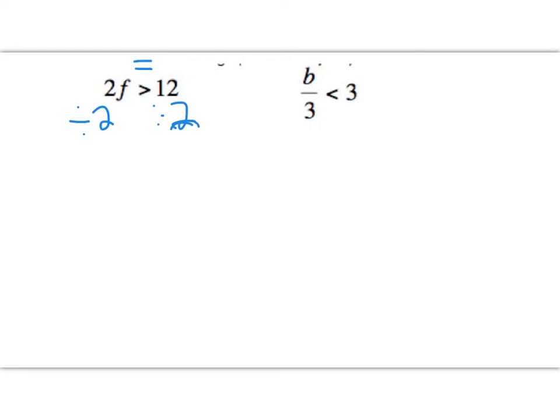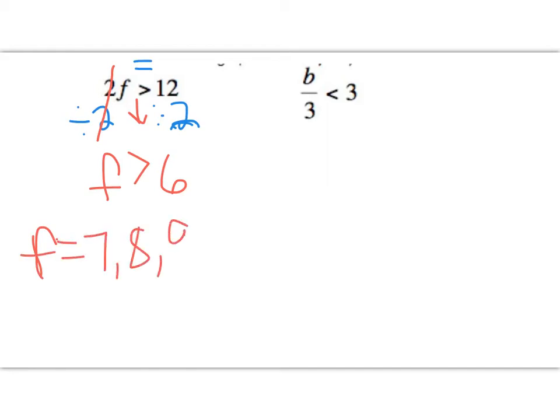Multiplying by 2 and dividing by 2 cancels each other out. I'm going to bring down the F. 12 divided by 2 equals 6. Instead of bringing down an equal sign, I'm going to bring down the greater than sign. And what are some things that would actually fit for F? So F could be anything greater than 6, like 7 or 8 or 9. We don't know.